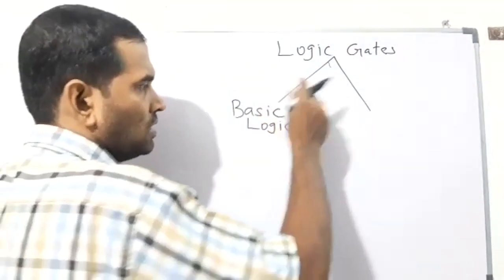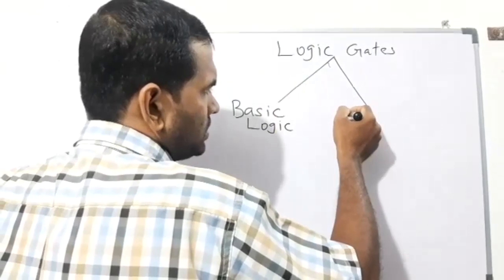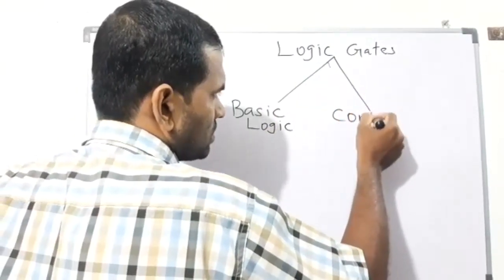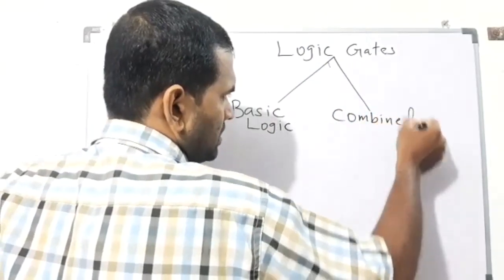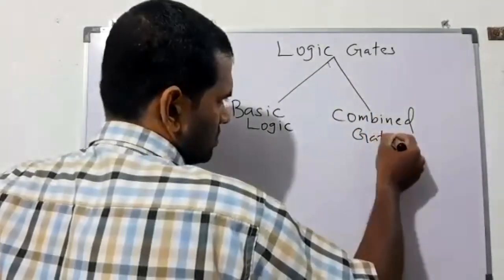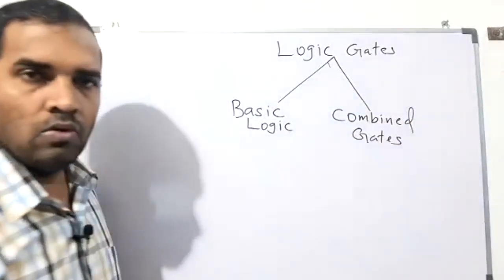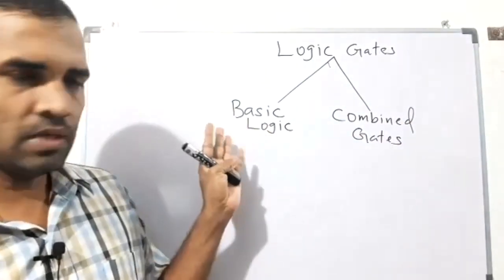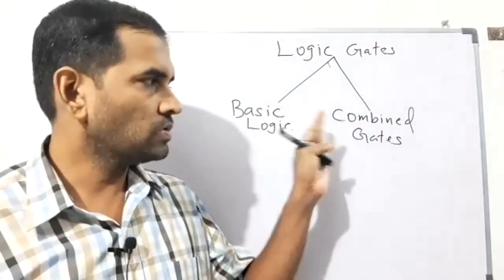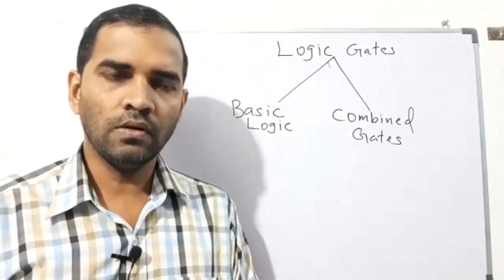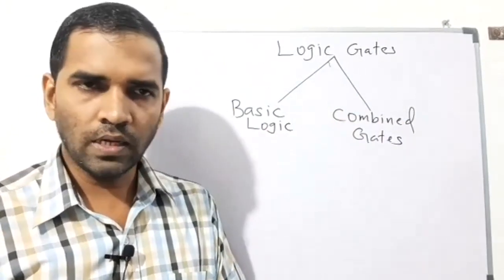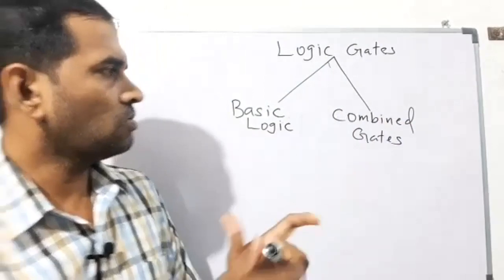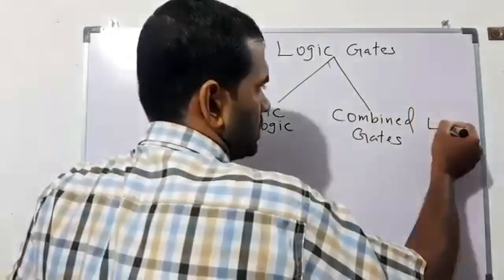The second one is called combination of logic gates, or you can call them combined gates. Okay, all the logic gates are divided into 2 categories. The first one, basic logic gates. Second one, combination of logic gates or combined logic gates. I can put the word logic.